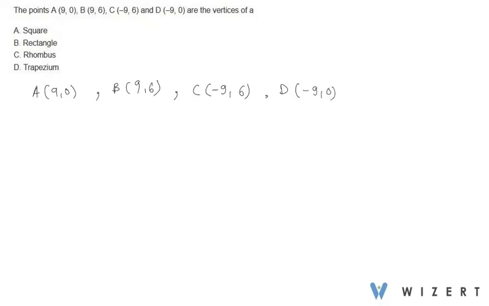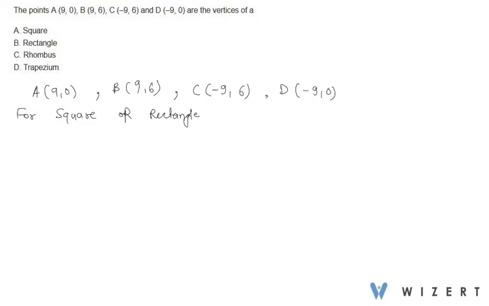Now in order to test for the given quadrilaterals, we can establish first that if they are a square or rectangle, adjacent sides will be perpendicular to each other. So let's first check for square or rectangle.